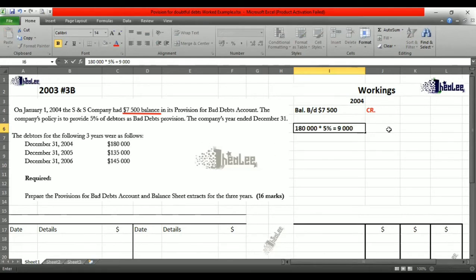Now, what is the value that you're going to put in your profit and loss account? Remember, because there was a previous balance, the provision for doubtful debts account already existed. There is a balance in that account. For the current year, which is 2004, you're only going to show the increase or the decrease.